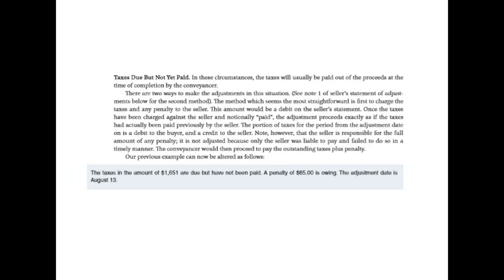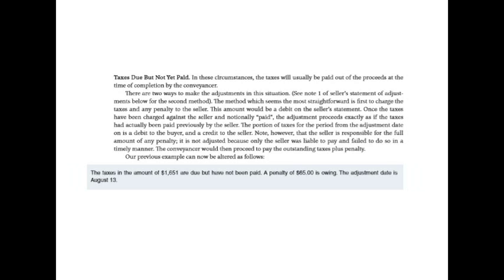The previous example was March 17th, the adjustment date, and then the seller has to pay from January 1st to March 16th. Okay, now in this new example, which I'm going to read to you in a bit, the adjustment day is August 13th.